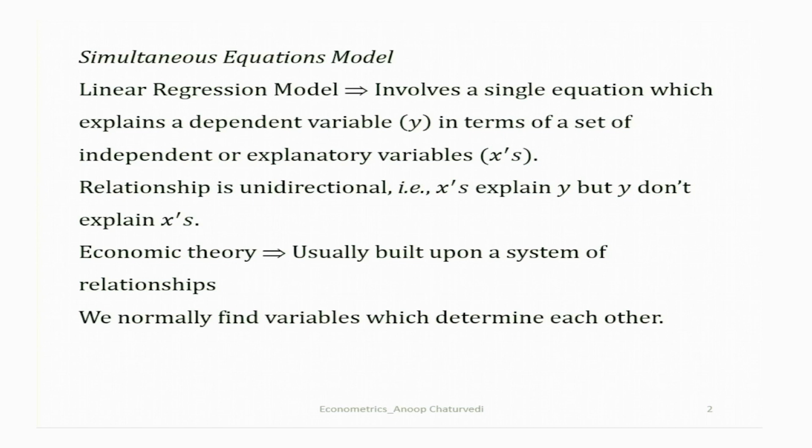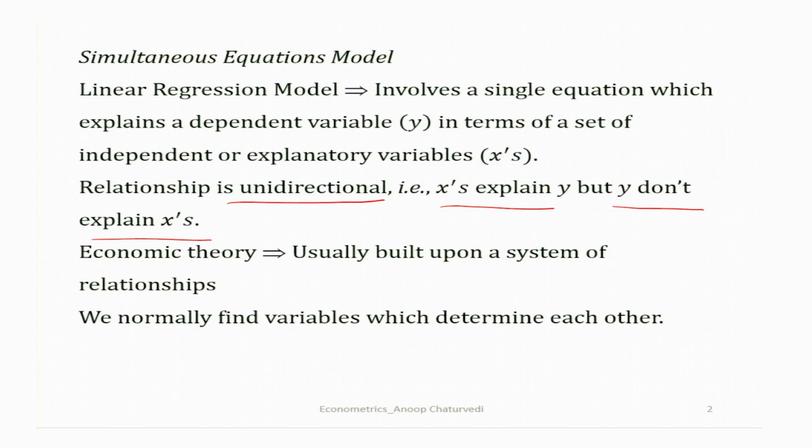In linear regression models, usually these models involve a single equation which explains a dependent variable y in terms of a set of independent or explanatory variables x's, and then the relationship is unidirectional. Unidirectional in the sense that x's explain y, but y does not explain x's. So, this is one way causality. X is causing y, but y is not causing x's.